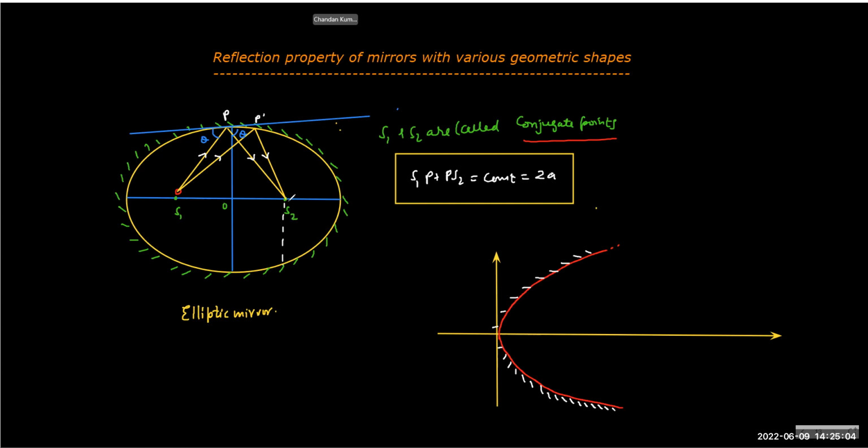The semi-latus rectum is passing through the focus and normal to the axis. So if a light ray hits this point, it will exactly go this way.